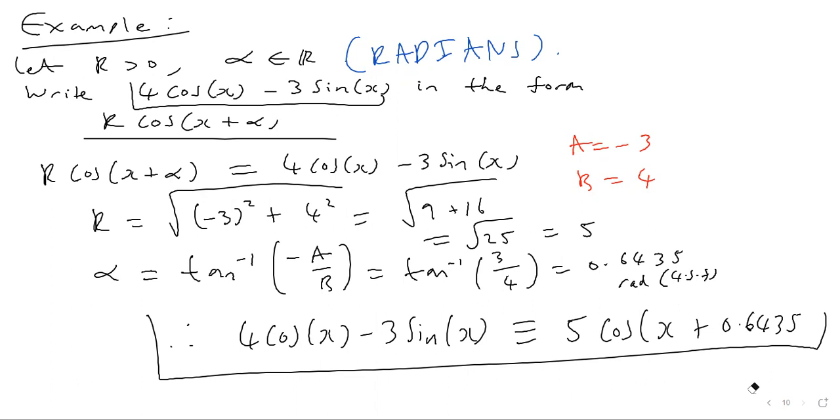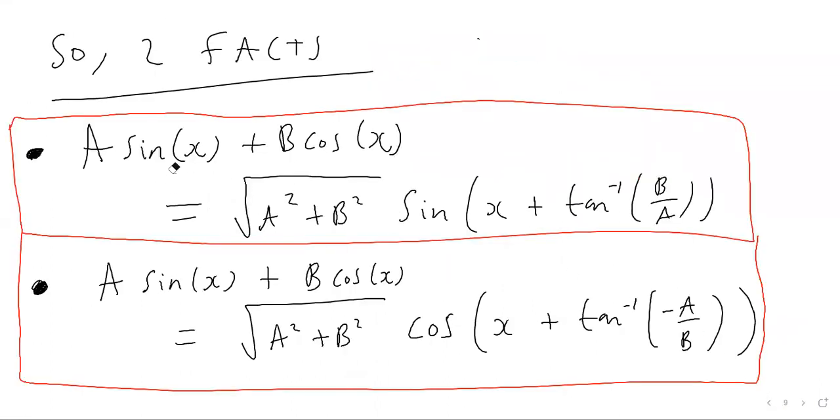But today was just a summary showing you that you can write the linear combination of sine and cos functions into a form that's just in terms of sine, and into a form that's just in terms of cos. So that concludes today's video.